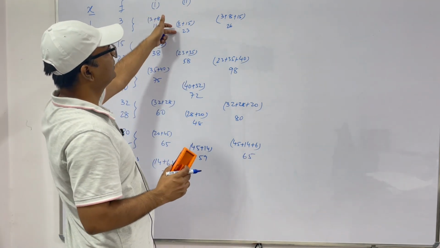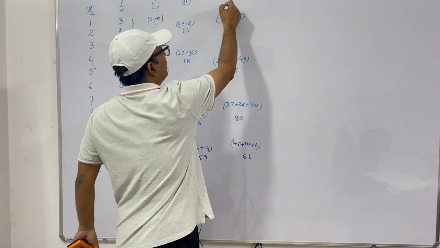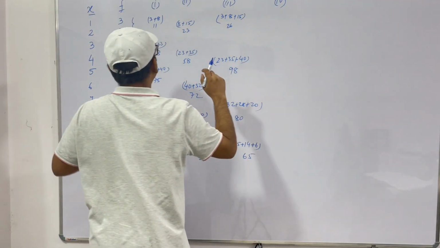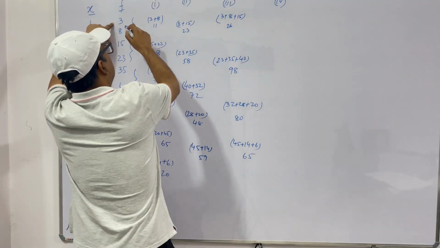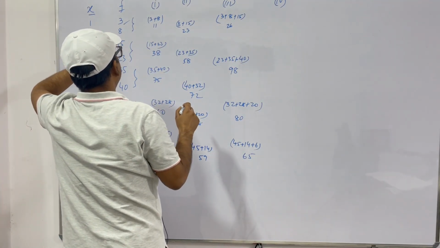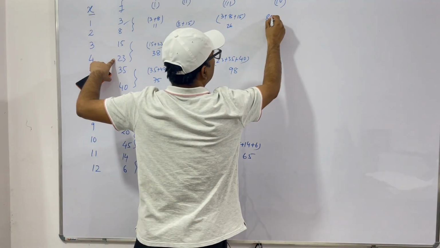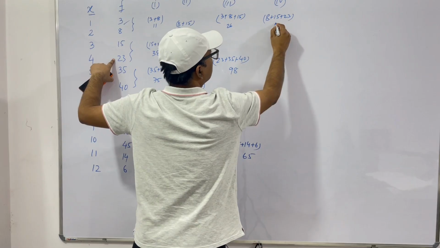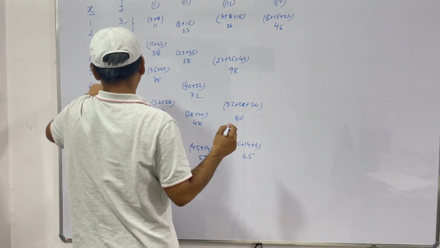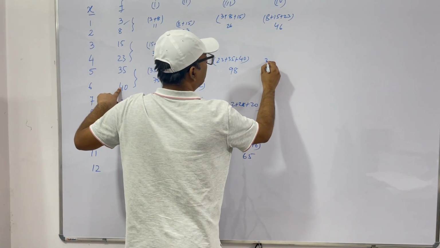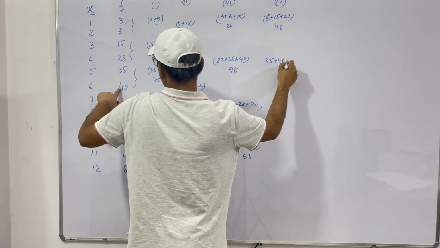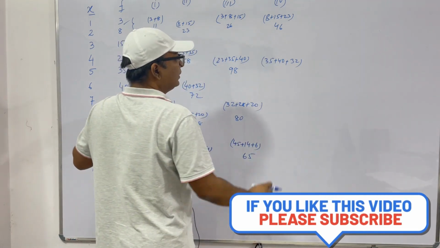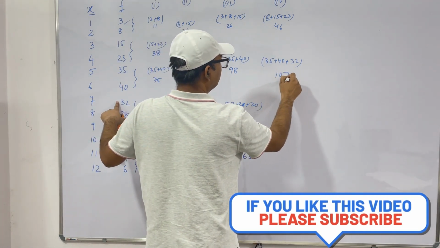Then, like we did in the second column, here also in the fourth column, we leave the first frequency and then add 3. So we leave this 3 and then we have 8, 15, 23. So this will be 46. Then we have 35, 40, 32. This is 107.